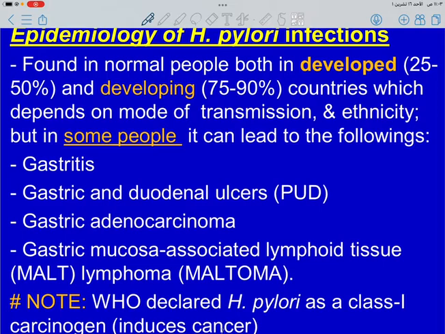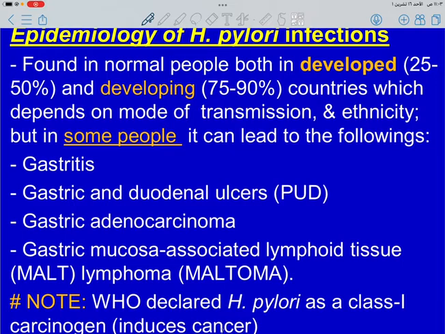Now this microorganism is related to, as I said, gastritis, gastric and duodenal ulcer, gastric adenocarcinoma, and gastric mucosa-associated lymphoid tissue (MALT) lymphoma. For simplicity, they call it maltoma. It is a lymphoma because it is related to mucosa-associated lymphoid tissue.